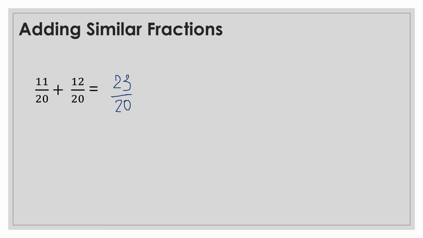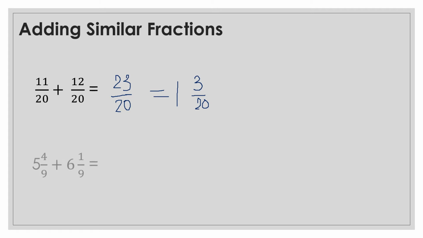We can convert this into a mixed fraction. 23 divided by 20 is 1. The remainder is 3. So you put that in the numerator over the denominator of 20. Therefore, 23 over 20 is equal to 1 and 3 over 20.